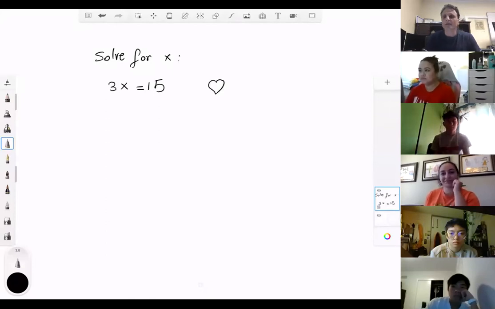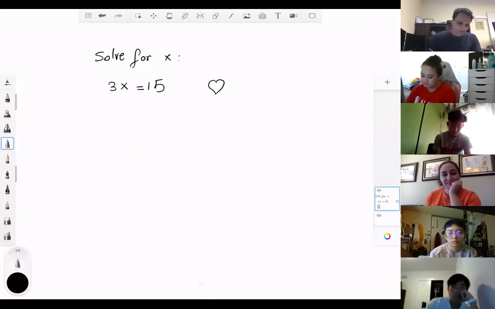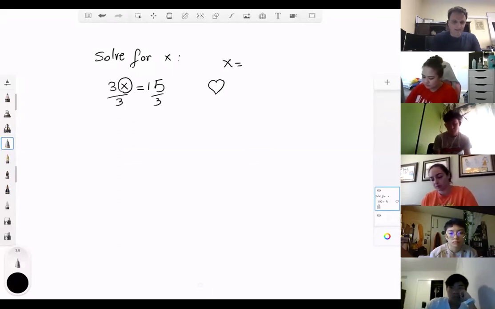You guys love it, correct? That's a good question. So we are looking for this x. They said solve it, so we have to have x on one side and everything on the other side. You can divide it by 3, and x will be 5, and you're done. Good.